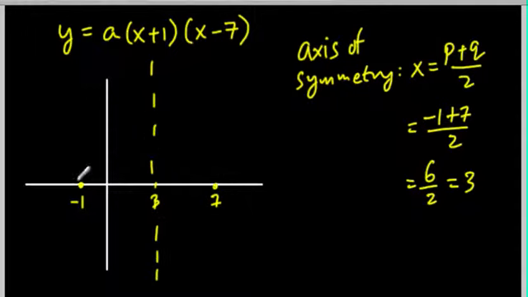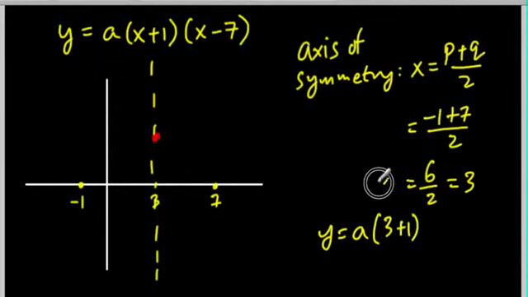Remember, our vertex lies on the axis of symmetry. Let's just say we have our vertex right here. Let's see if we can find the vertex. We take the x coordinate and plug it in right there. So y equals a times (3 plus 1).